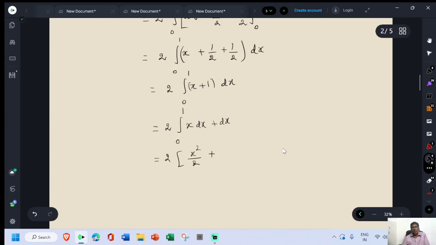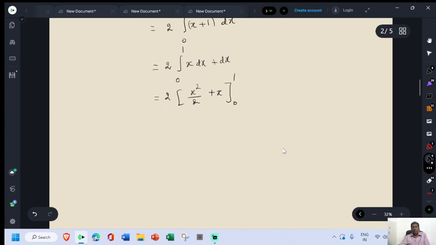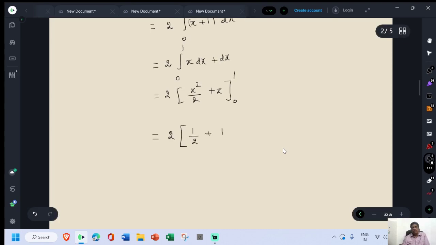Integral of dx is x. Now apply the limit 0 and 1. This is equal to 2 into 1 by 2 plus 1. This is 2 into 3 by 2. This is equal to 3.